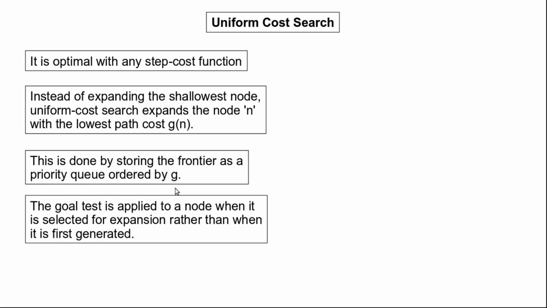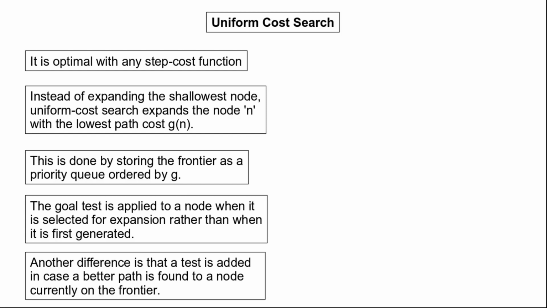And one more difference between uniform cost search and BFS is that the goal test is applied to a node when it is selected for expansion rather than when it is first generated. Yet one more difference is that a test is added in case a better path is found to a node currently on the frontier.